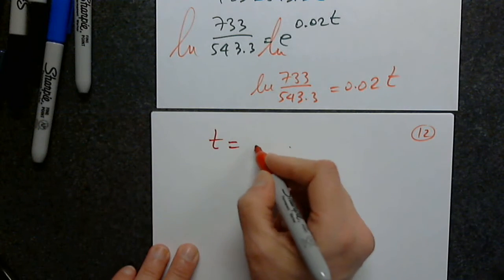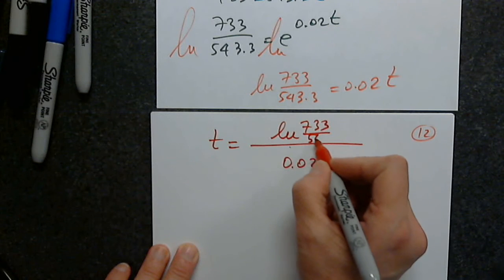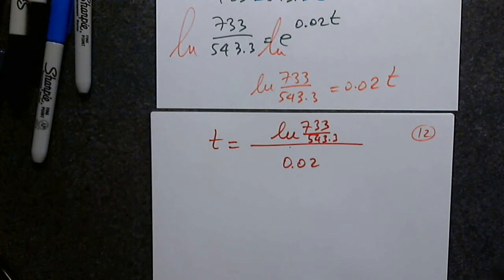So therefore T equals... careful with the graphing calculator. The correct amount of parentheses, etc. So we have the top natural log 733 divided by 543.3.